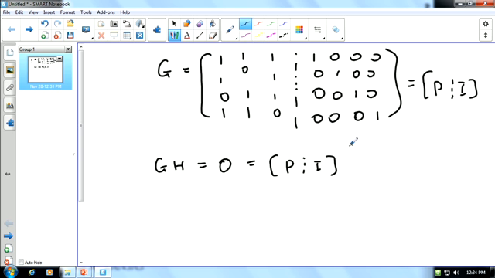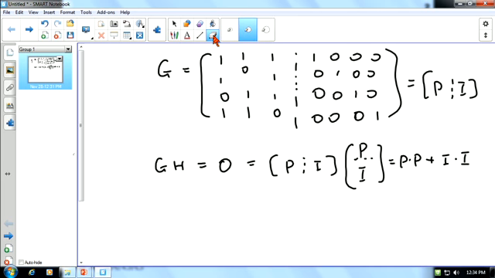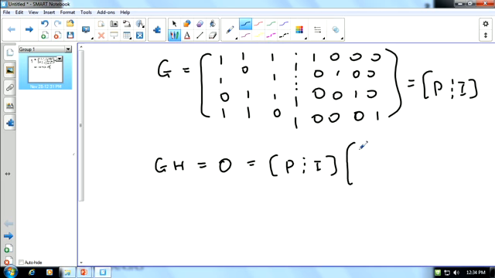So in order for it to be 0, our H needs to be P and I, such that if we multiply these two matrices, we will have P times P plus I. No, actually, I wrote it in the wrong way. It should be I, P, right? And if we multiply these two matrices, it will be P plus P, which in the binary domain is actually 0.